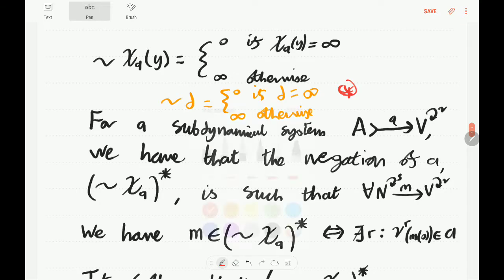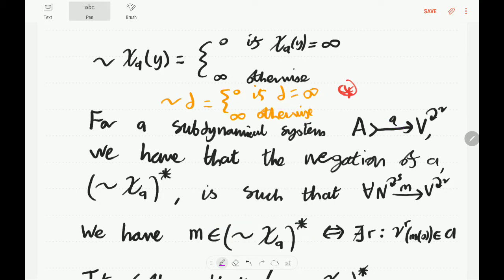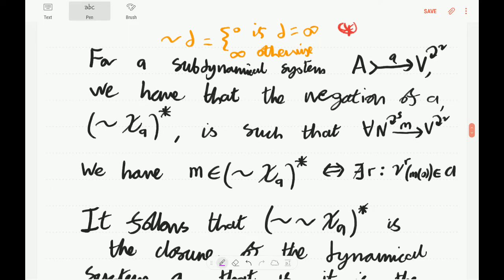We have a negation of a subobject, which is just the subobject classified by not of its classifying arrow.